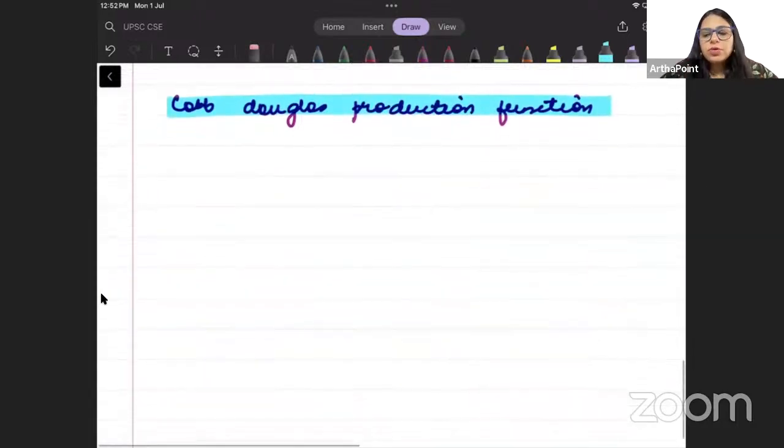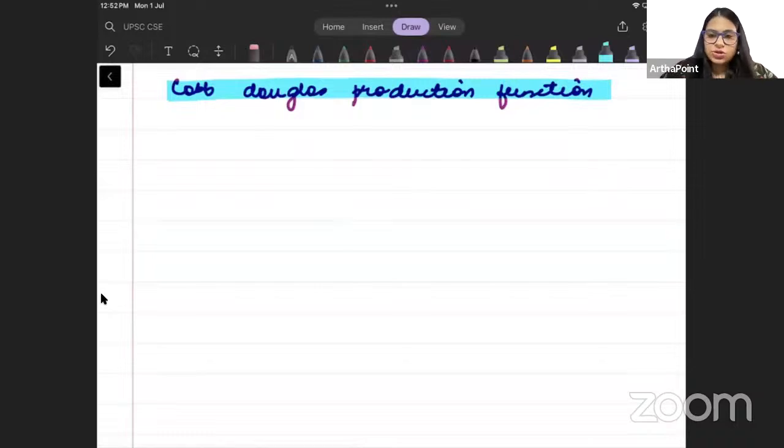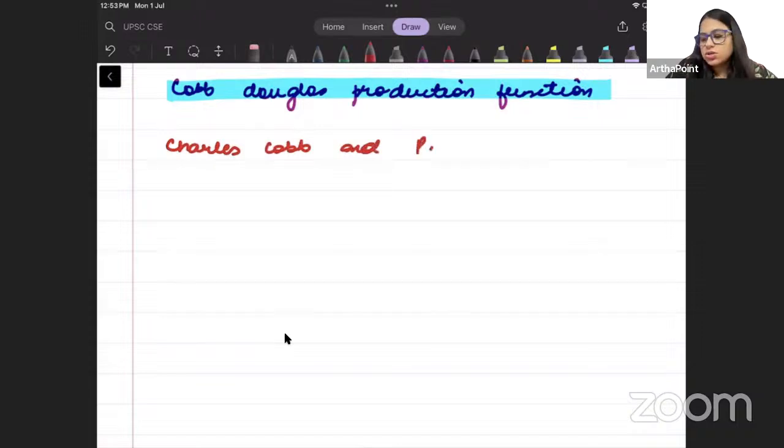When we talk about Cobb-Douglas production function, it was given by two economists whose names were Charles Cobb and Paul Douglas, and it was given in the year 1928.